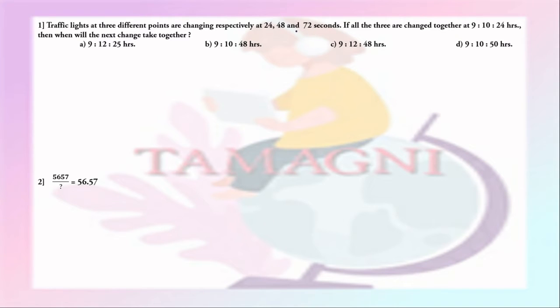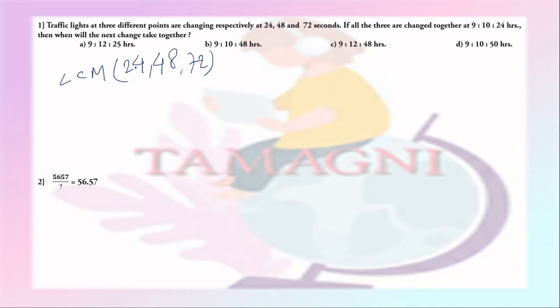Now, if we find the LCM of these three numbers, that is LCM of 24, 48 and 72, then we shall get after how much time the change will again happen together.